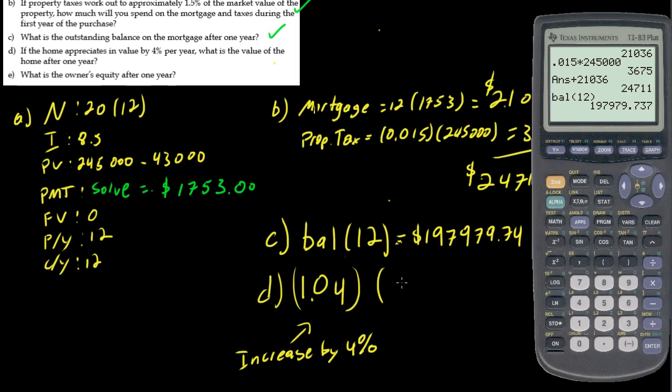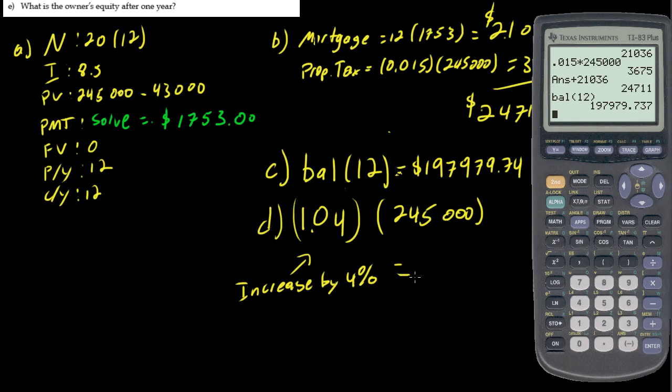But I'm just going to multiply this by the $245,000 that the house was worth. I'll sneak this calculation in real quick, and then I'll show you how to do it with a TVM solver as well. So after a year, the house is going to be worth $254,800.